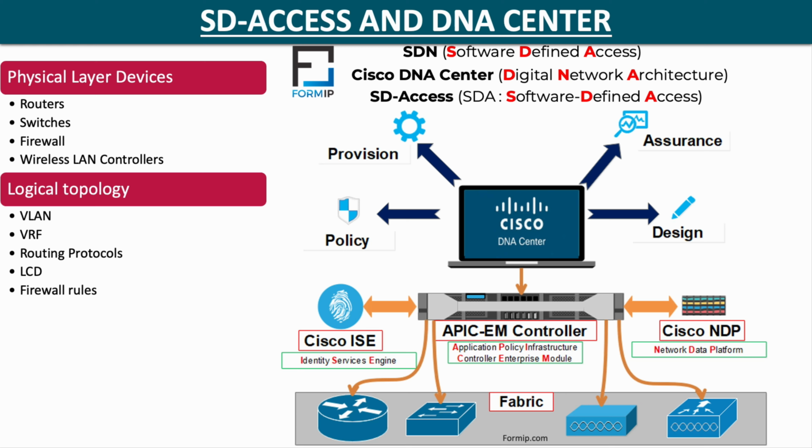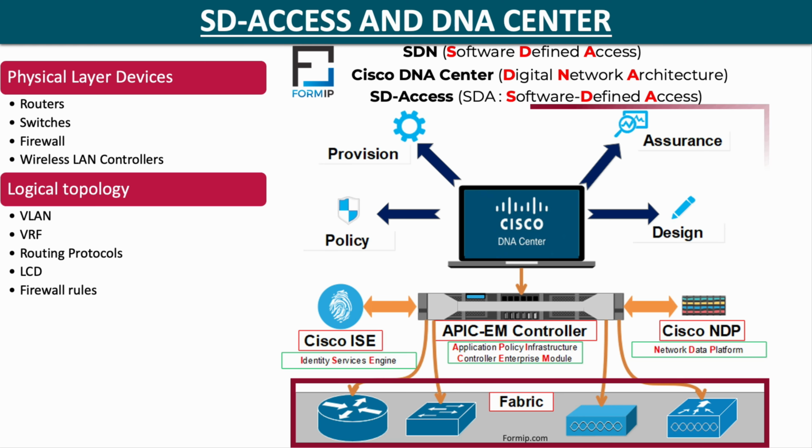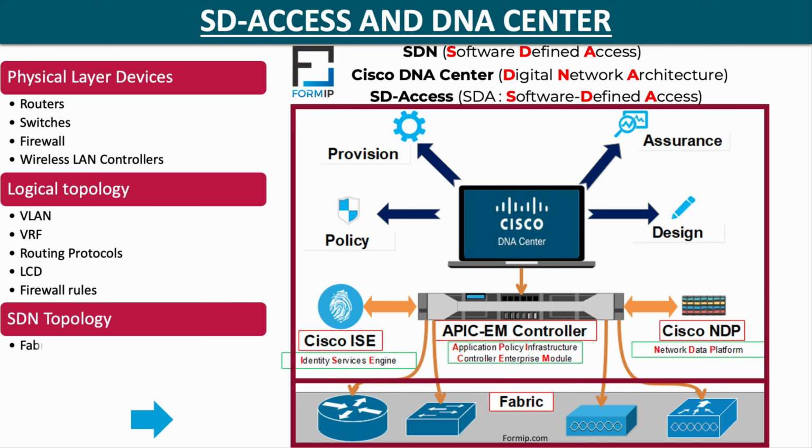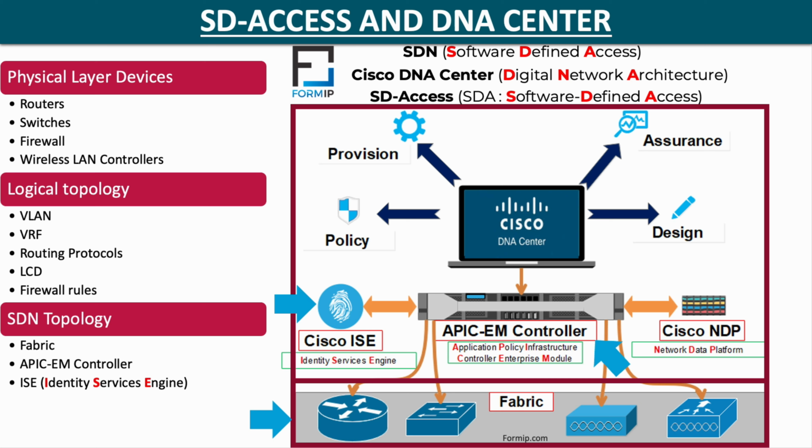The principle is based on a programmable fabric, built on all the equipment of the company's network. The diagram shows us what an SDN topology looks like. There are 5 components: the fabric, the APIC-EM controller, ISE, Identity Services Engine, NDP, Network Data Platform, and the DNA Center.